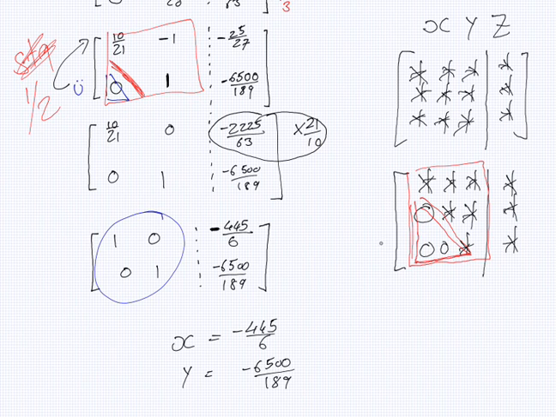Why? Because look, if these are x, y, z, how many x's are here? No. How many y's are here? No. So you have some z equals some number. So can you get z from this one? Yes.